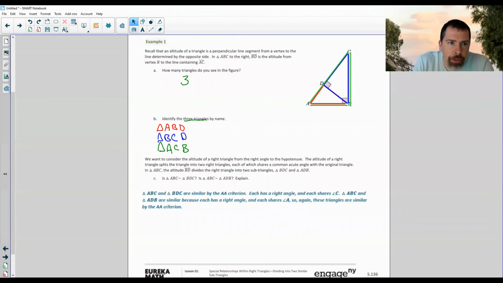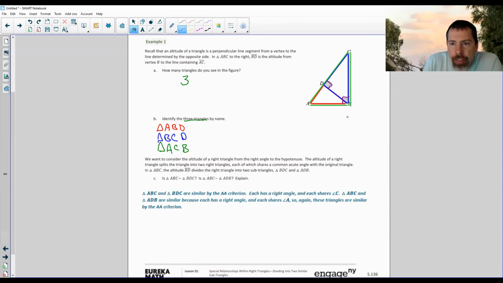Okay, so here's our answer to this, and I'm going to go over it with you on each piece. Triangle ABC and triangle BDC are similar by the angle criterion. Each has a right angle. So triangle ABC is the big green one. There's the right angle. BDC is the blue one. So we're comparing green to blue.